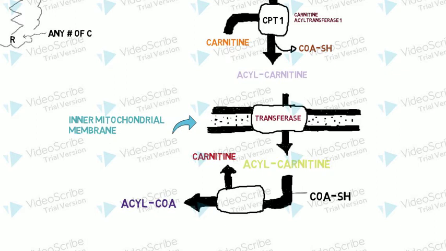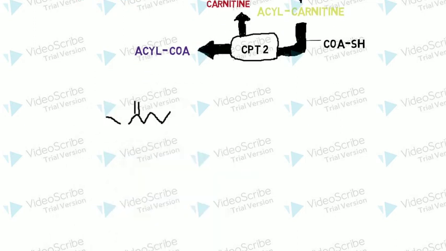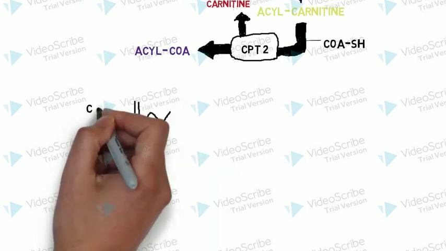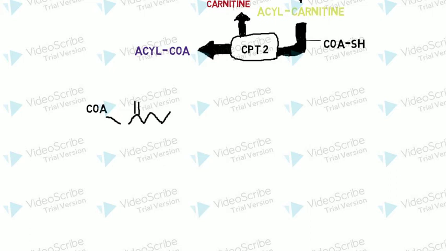The only difference is that this time the acyl-CoA is within the inner mitochondrial membrane. The enzyme that does all this is carnitine acyltransferase 2, and the carnitine then gets shuttled back across the membrane to continue this process. Now that the acyl-CoA is located within the mitochondria, beta oxidation proper can occur.